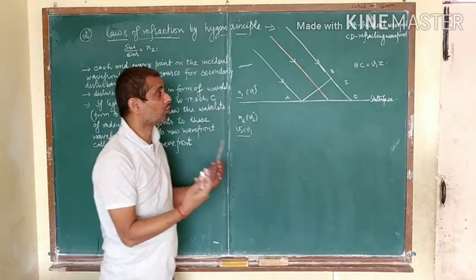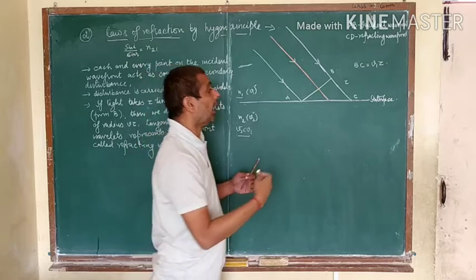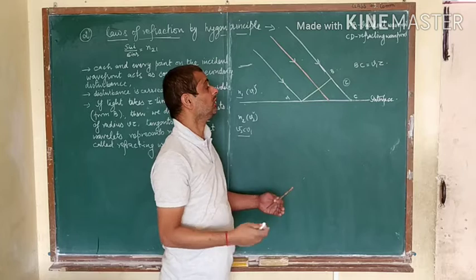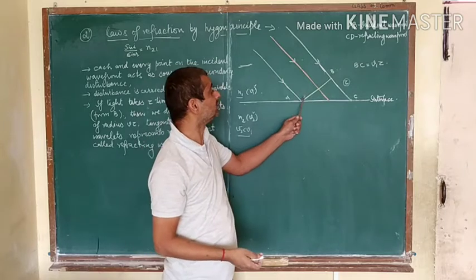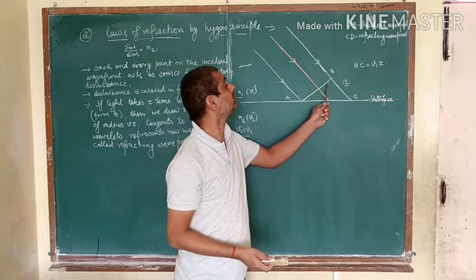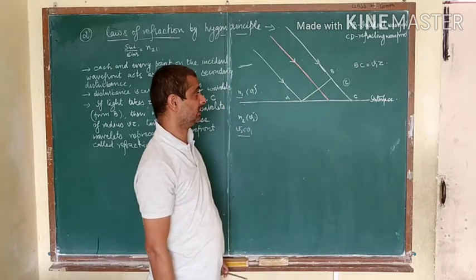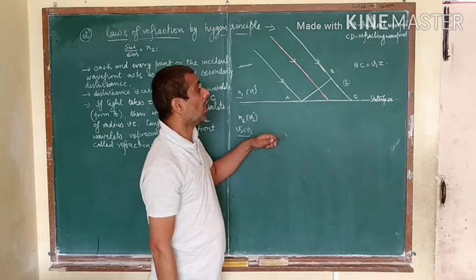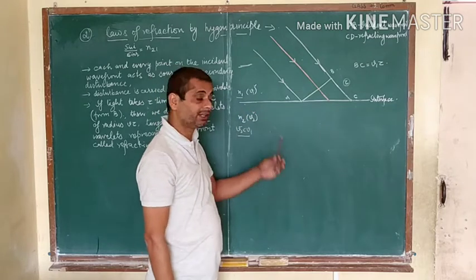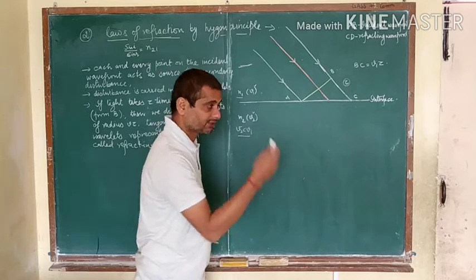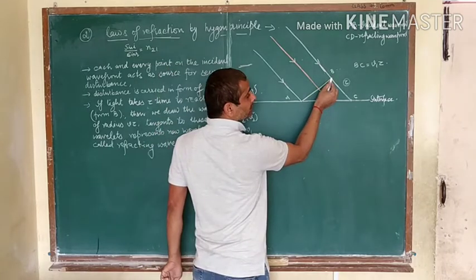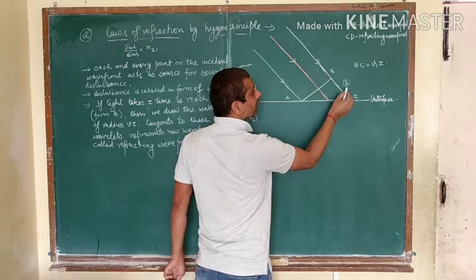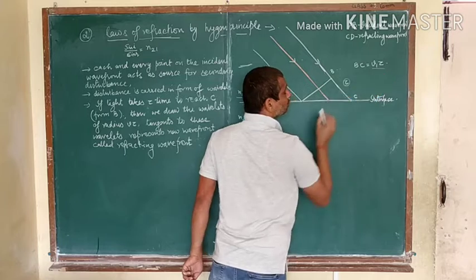Now I want to draw the wavefront after the time tau. So I have to draw the wavelets at each and every point on this incident wavefront. Since the velocity is different in different mediums, the wavelet radius will be different. For example, the light is traveling wholly in this medium, so its radius will be v1 tau.